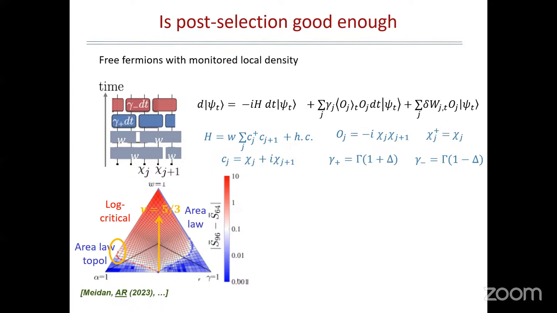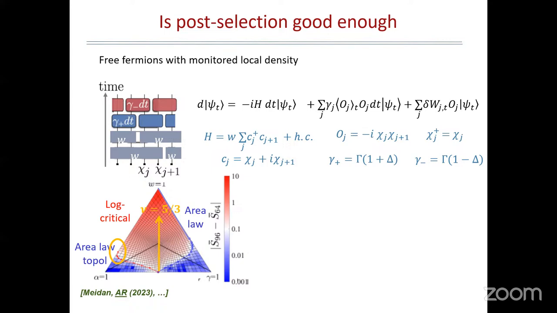What you have is the blue one, which are two area-law phases. They have different topological order if you want, but that's not important at the moment. Then the red one is not a volume law; you cannot get a volume law in this system, but you get a sub-extensive phase, which has logarithmic scaling.